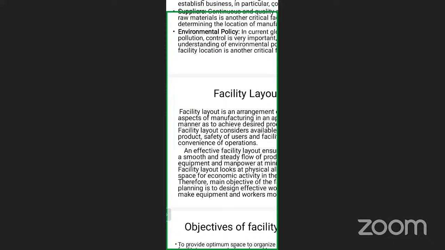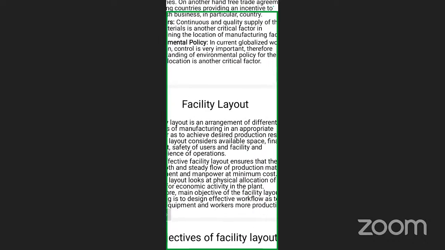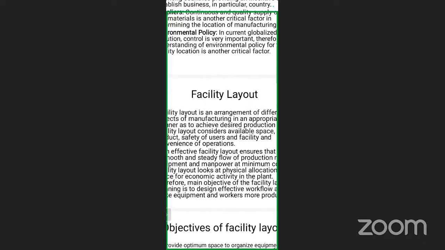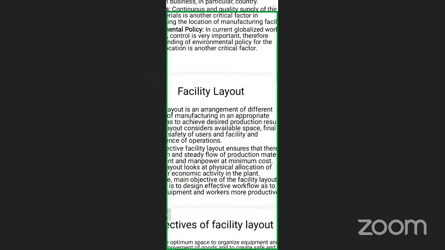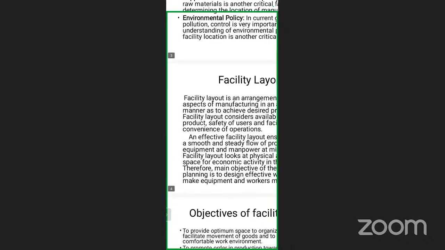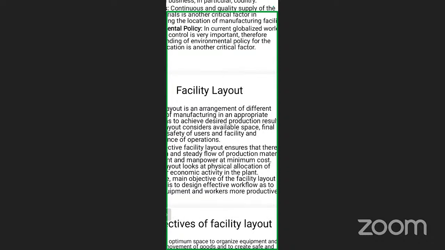After the establishment of an organization, after establishment of the factory system, then you have to arrange different kinds of equipment. We are saying arrangement of different aspects of manufacturing in an appropriate manner to achieve the desired production result. How will you get the production result?